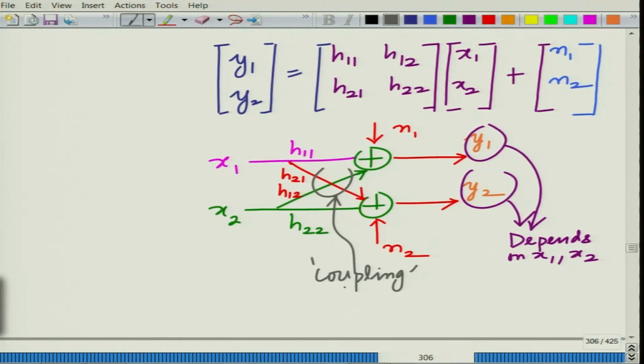So, these systems are coupled, or basically there is interference between x1 and x2. x1 and x2 interfere with each other, right. You can also talk of this as some kind of crosstalk between these two channels. And naturally, if we have to determine x1 and x2 at the receiver, one has to resolve this, one has to remove the interference.